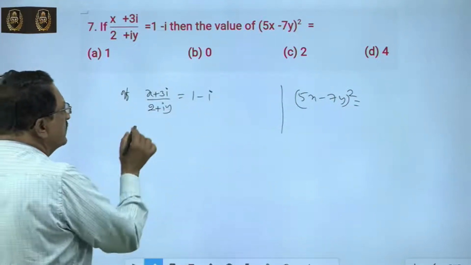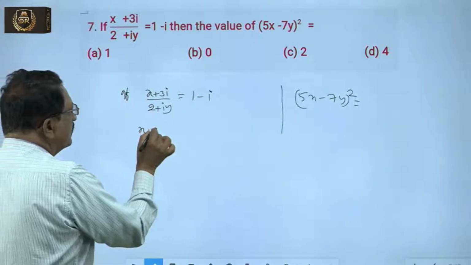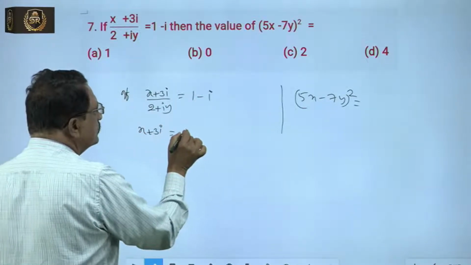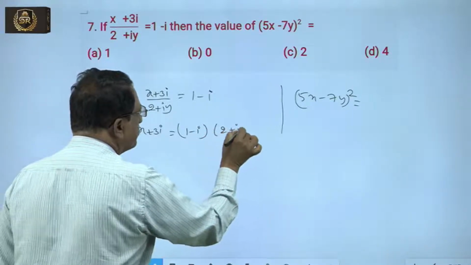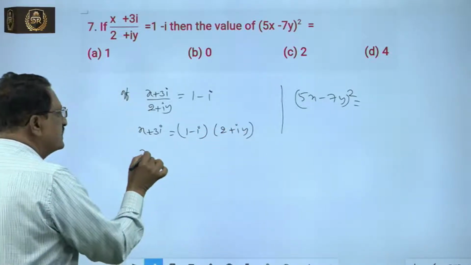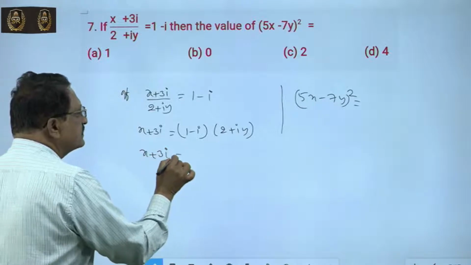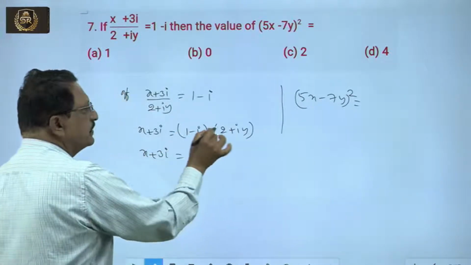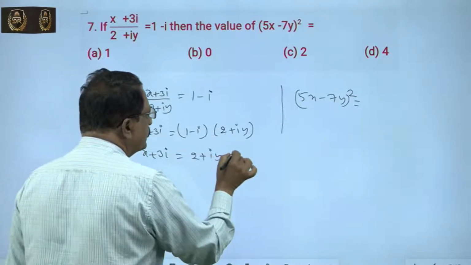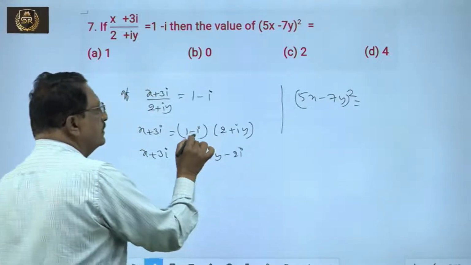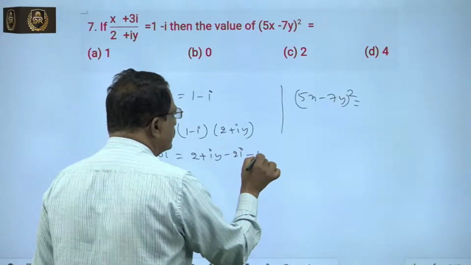Now cross multiply: x plus 3i equals (1 minus i) of (2 plus iy). Multiply these two factors: 1 into 2 plus iy minus 2i minus i square y.